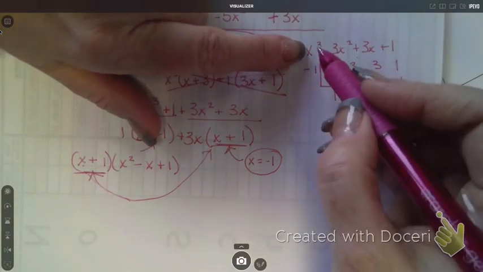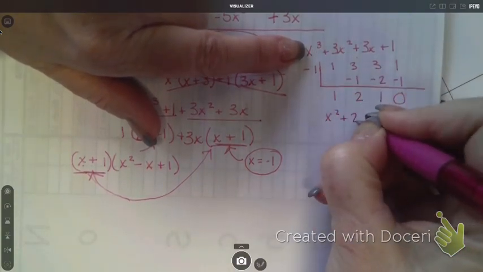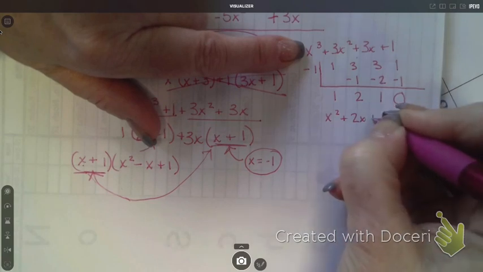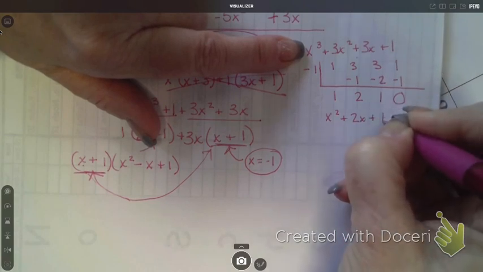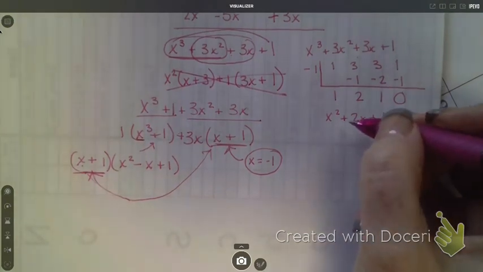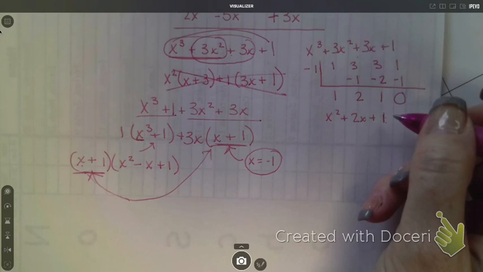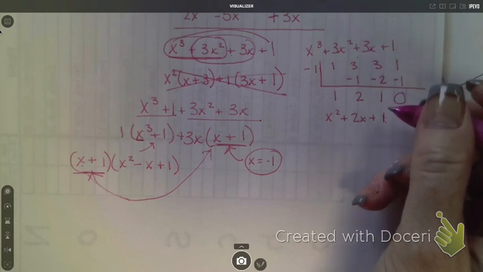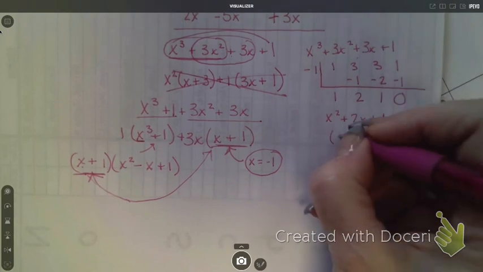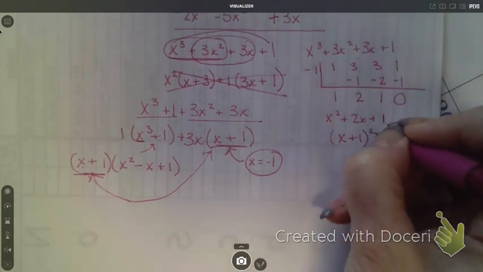So now I was x cubed, I'm x what? Squared plus 2x plus 1. Well, can I get the factors of 1 to add to 2? Yeah, 1 and 1. So it would be x plus 1 squared, wouldn't it?